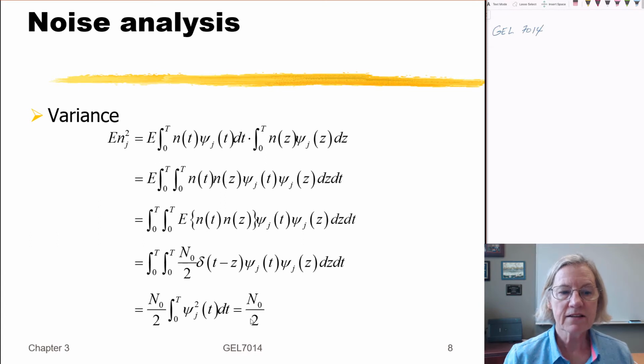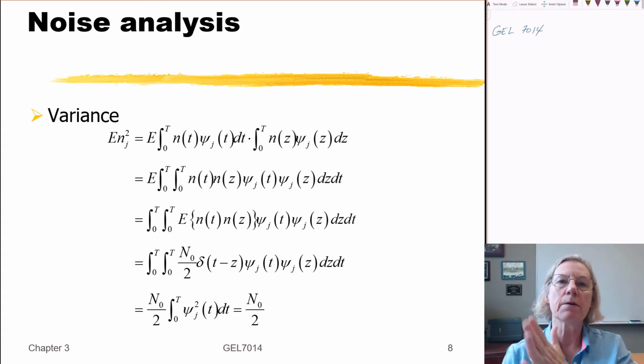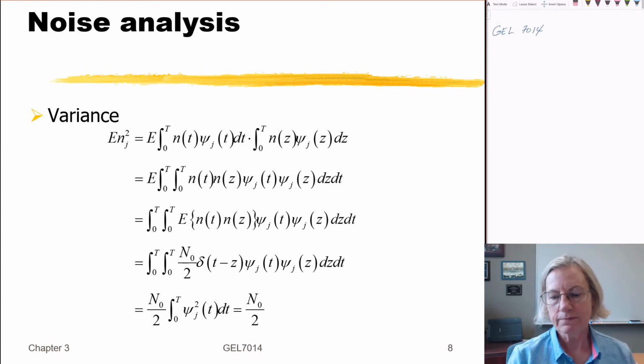Therefore, the variance of this coefficient in the noise vector is n0 over 2, and that's true no matter what value of j, which element we're talking about. So we have found the mean and the variance for each one of the elements in this noise vector.